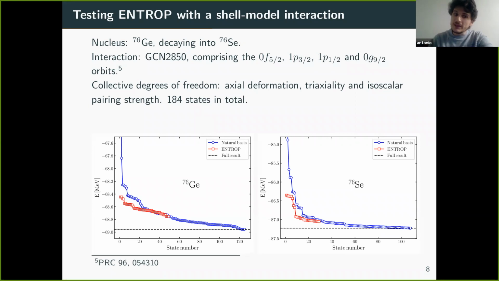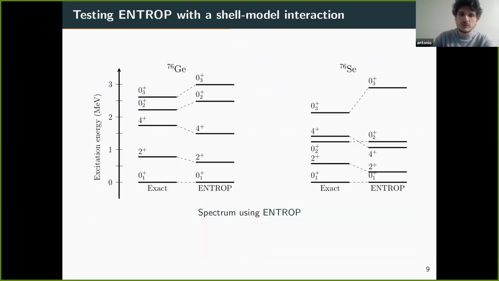But then again, we're not really interested in the energies, we're more interested in the nuclear matrix elements. But still, I think it does a good job, not only on the ground state energies, but also on the spectra for germanium and selenium. This is the comparison done with the states selected with entropy and the exact results. So diagonalizing the exact shell model Hamiltonian.